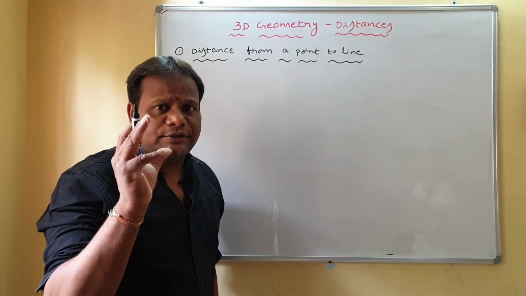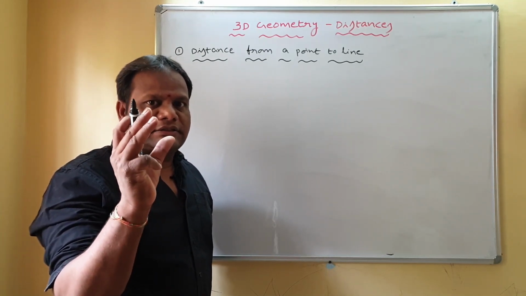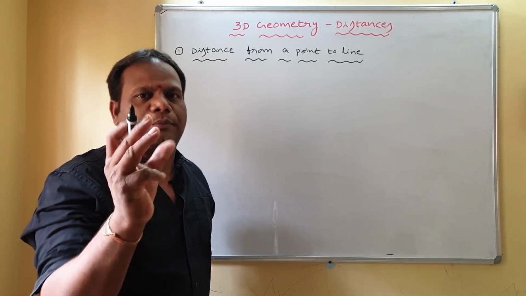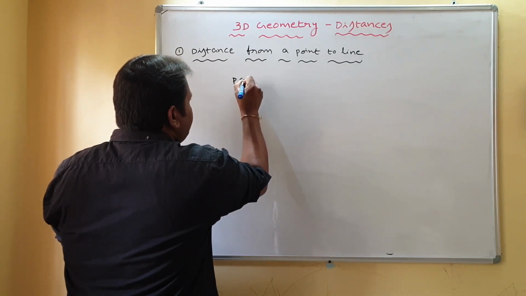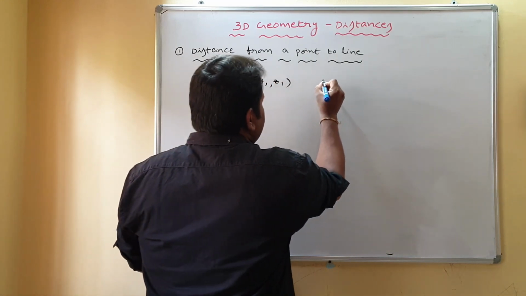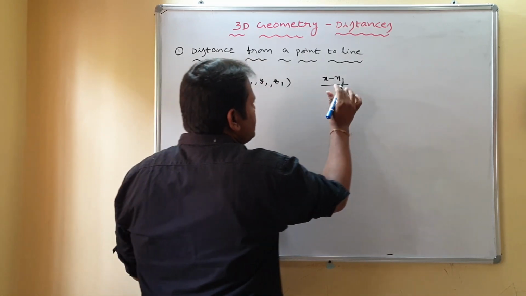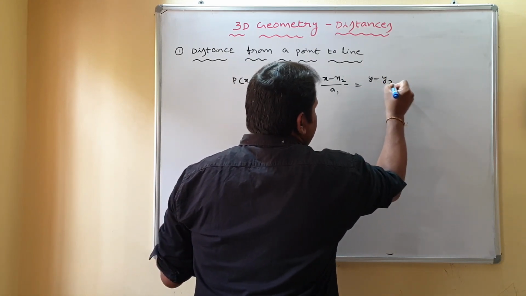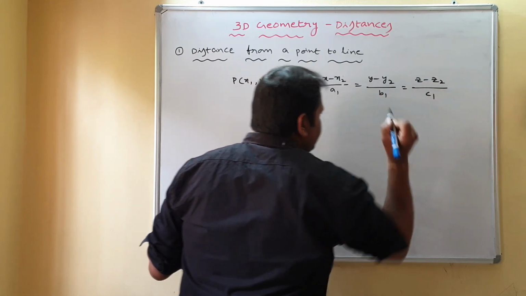Now I give you the concept of how to find the perpendicular distance from a point to a line. Suppose I am taking a point P (x1, y1, z1) and the given line is (x minus x2) by a1 equal to (y minus y2) by b1 equal to (z minus z2) by c1.